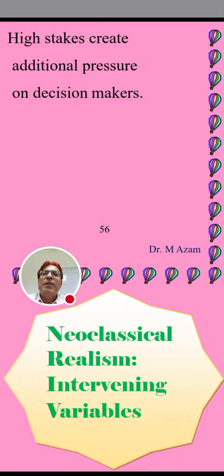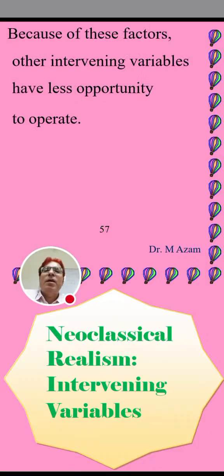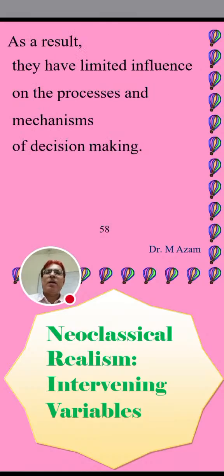In such a situation, the stakes are high, and the decision makers face huge pressure. Because of these factors, other intervening variables have less opportunity to operate. As a result, they have limited influence on the processes and mechanisms of decision making.